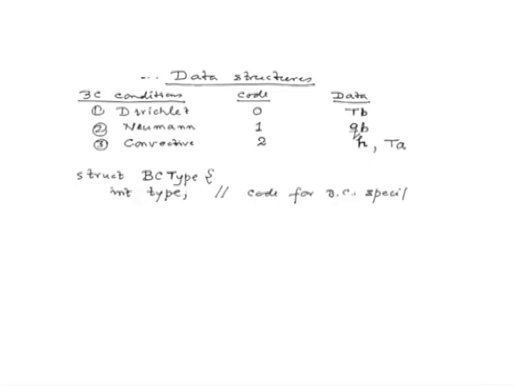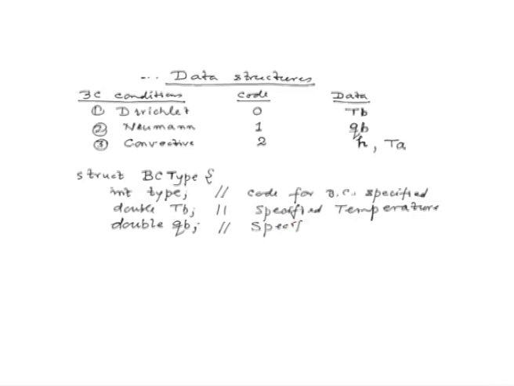Specified double TB, which is specified temperature. Double QB, which represents specified heat flux.